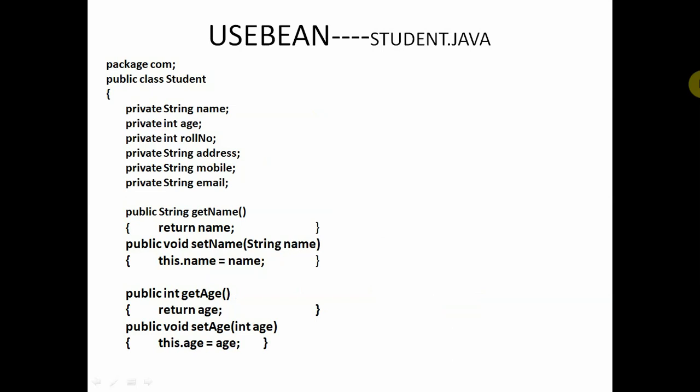Now see this another program. The program is the same as the previous one. तो उसी की तरह ये प्रोग्राम दिया हुआ है, and we have 6 variables here: name, age, roll number, address, mobile and email.